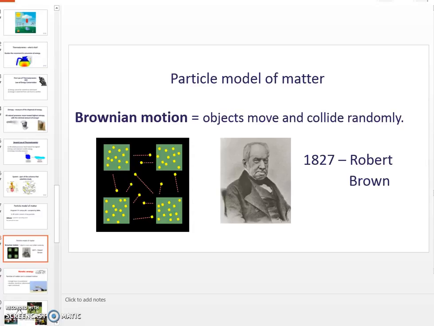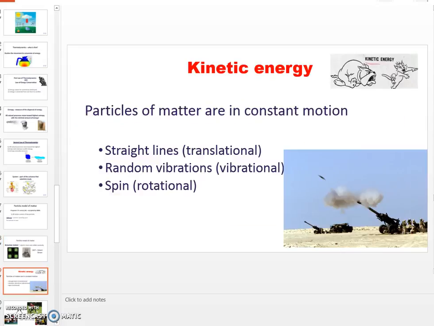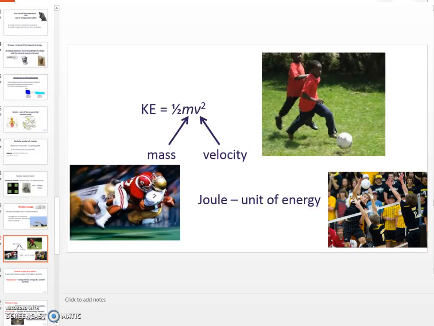Brownian motion is where objects move and collide randomly, which is true. All you have to do is, on a sunny day, you're in a room facing a window, you see the sunlight go through the window. Look at the dust. Look where it's going. Randomly. Kinetic energy. Hey, we mentioned it before. Right, everything is constantly moving. That's the thing about kinetic energy.